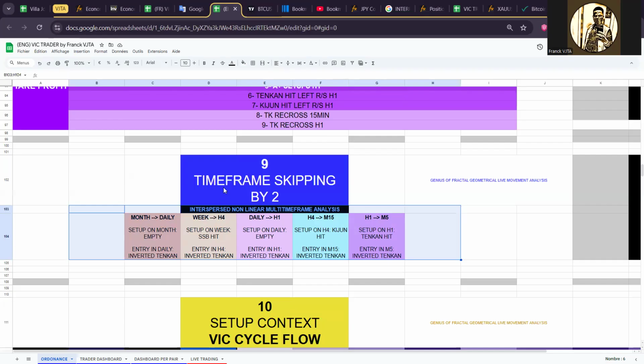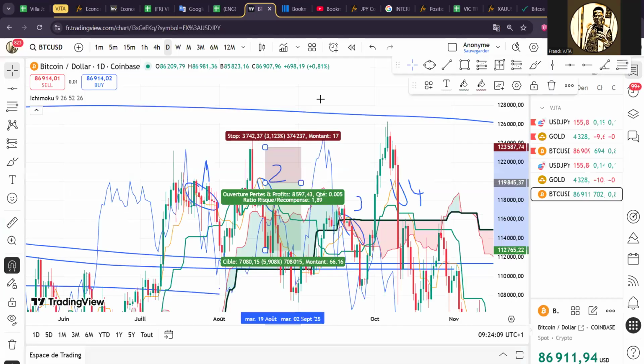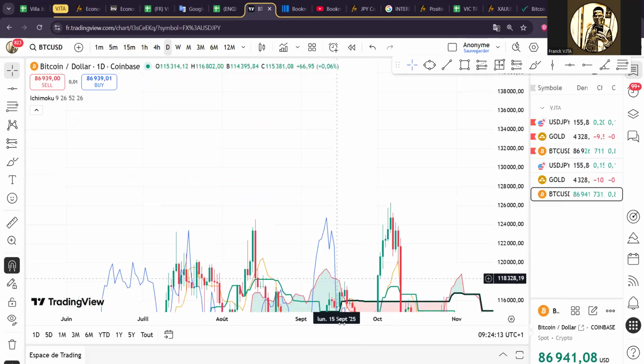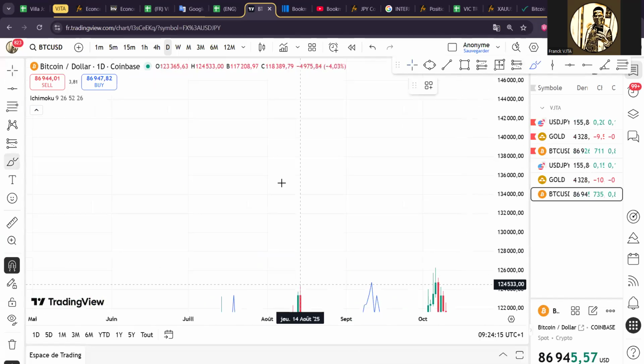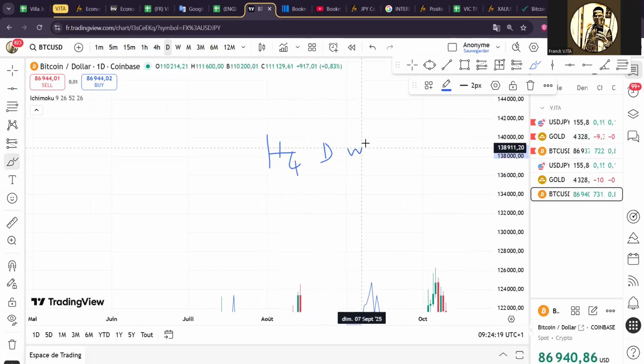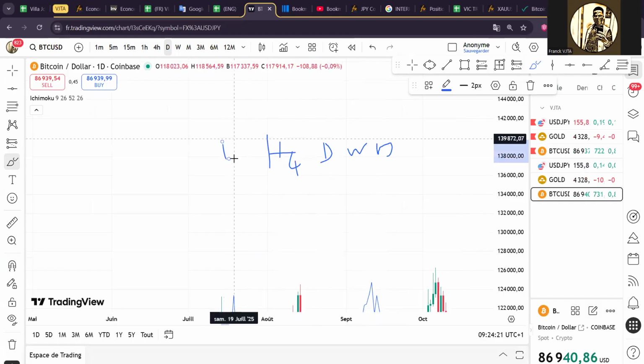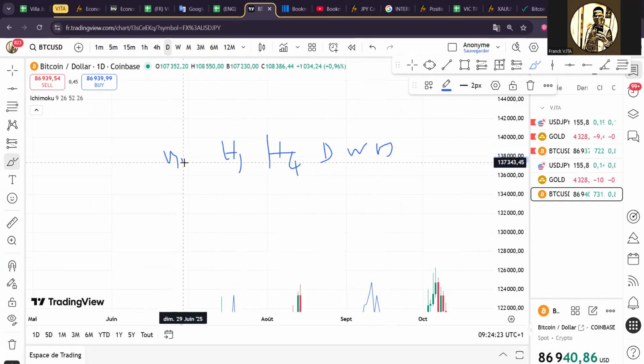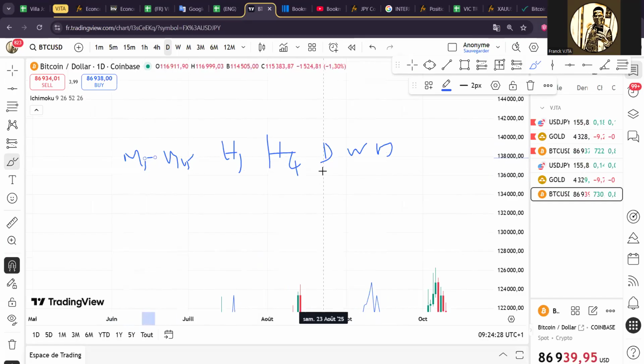The time frame skipping by two technique is a geometrical multi-time frame analysis, a non-linear multi-time frame analysis. I call it non-linear because if you have H4 here, you have daily, you have weekly, you have monthly, you have H1, you have M15, and you have M5, right?